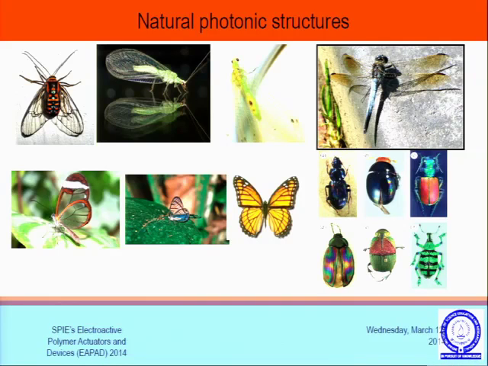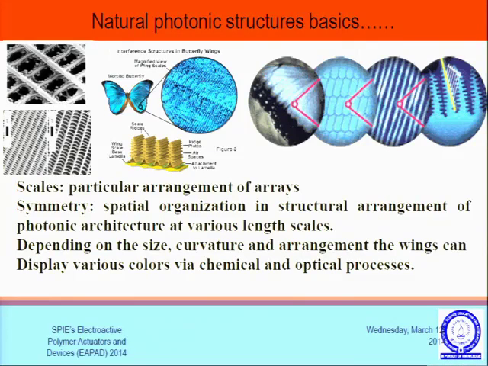So here I'm showing this. Nature has developed a gorgeous architecture in insects and beetles, and my intention in showing this transparency is just to give the flavor. There are many photonic architectures present in nature.